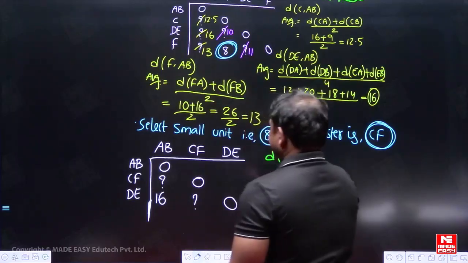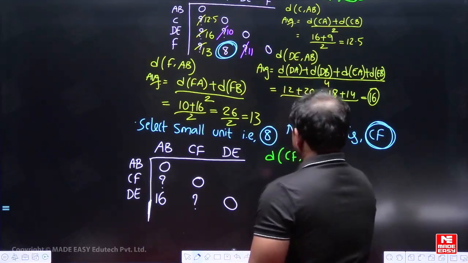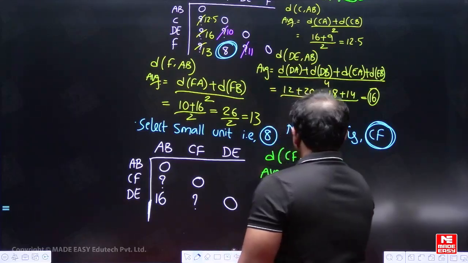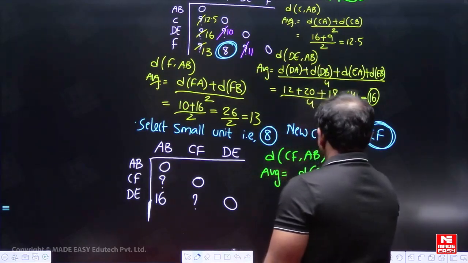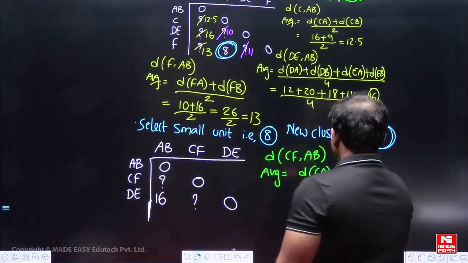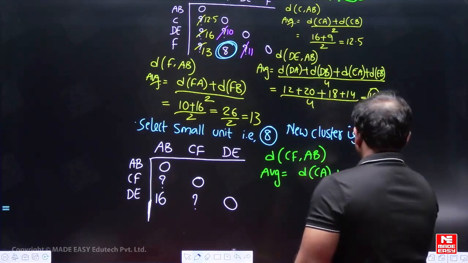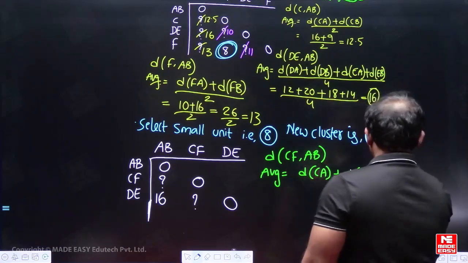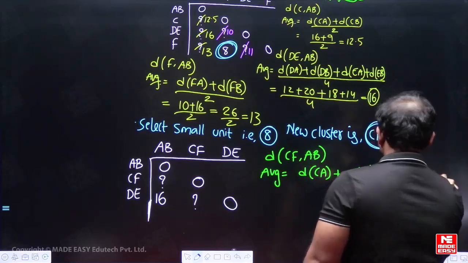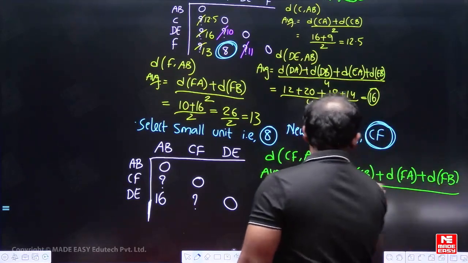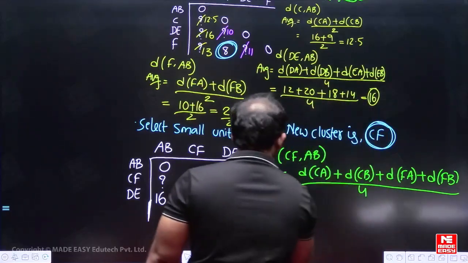Distance between CF and AB: average is equal to distance of CA plus distance of CB plus distance of FA plus distance of FB, divided by total pairs, which are 4. The number of pairs is 4.